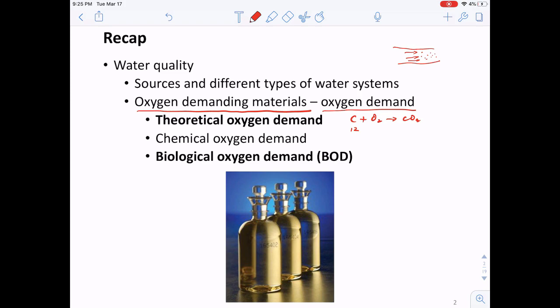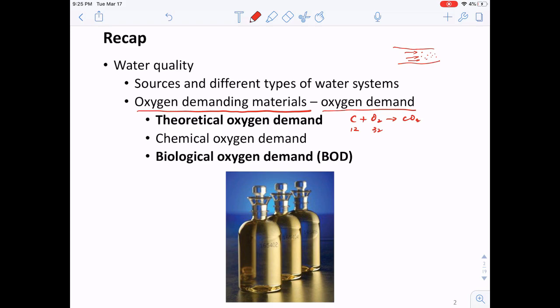That means 12 grams of carbon requires 32 grams of oxygen. Therefore, the theoretical oxygen demand for 1 mole of carbon is 32 grams of oxygen.